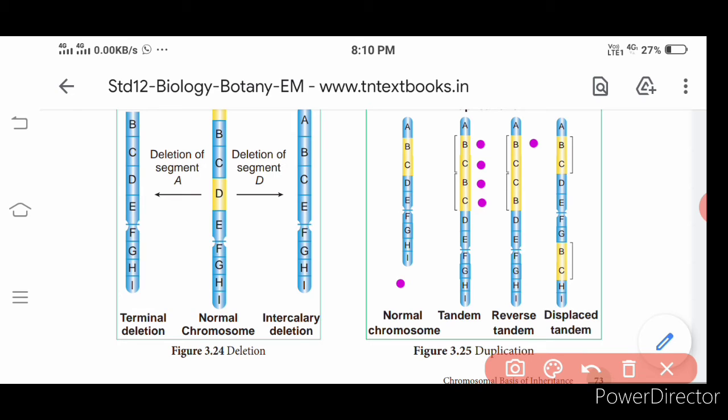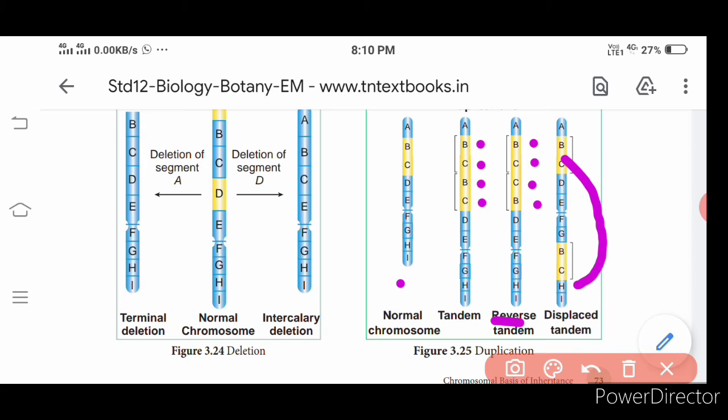Again we expect BC to appear, but it is CB. It is twisted. It is reversed. So it is reverse tandem. And displaced tandem: here the replica is formed and it is displaced from here. That is called displaced tandem.